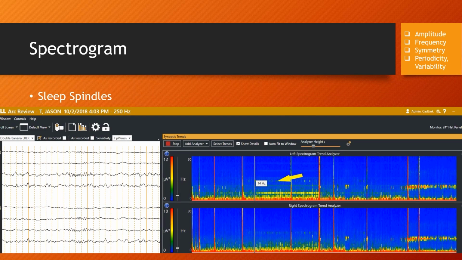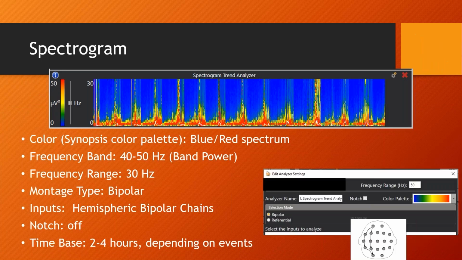The other thing that we're going to see in this is these little, technical term I use, blips that are occurring at about 14 hertz, and these are the sleep spindles. So this is a nice little representation of a very brief event that we can actually see in the spectrogram, and that's just those little 14 hertz bursts.